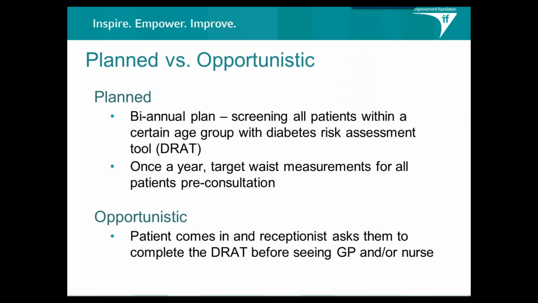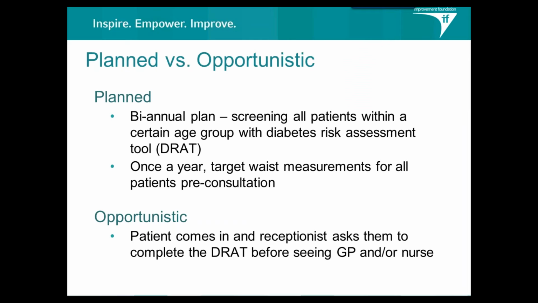So planned versus opportunistic. There are a number of different ways that you may wish to plan prevention activities. Some of the examples from participants in previous programs include the 2 bullet points on the screen in front of you.